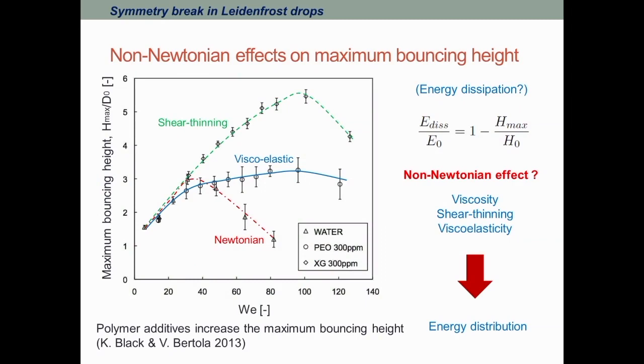For example, if you look at this equation, if you have less energy dissipation, you will have a higher maximum bouncing height. But is that really the non-Newtonian effect? So our job is to systematically investigate the rheological effects on the energy distribution during drop impact.